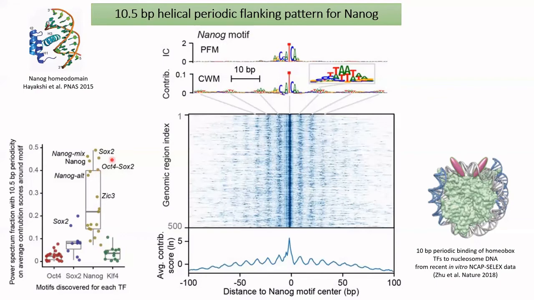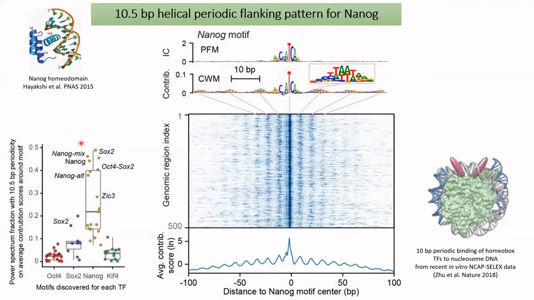The same motif, when you consider it with respect to Oct4, that sequence doesn't appear. The importance of these 10.5 base pair TAAT sequences disappears. So this periodic frequency that we're seeing in the flanks is a very specific property of Nanog.